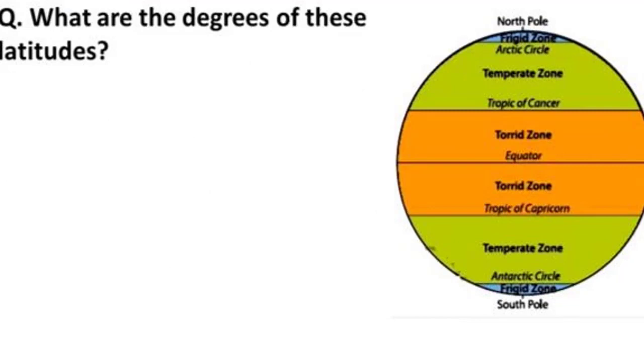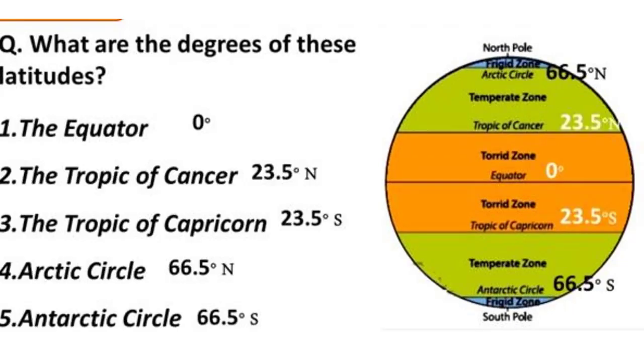What are the degrees of these latitudes? The equator is at 0 degrees latitude, the Tropic of Cancer 23.5 degrees north, the Tropic of Capricorn 23.5 degrees south, the Arctic Circle 66.5 degrees north, and the Antarctic Circle 66.5 degrees south.